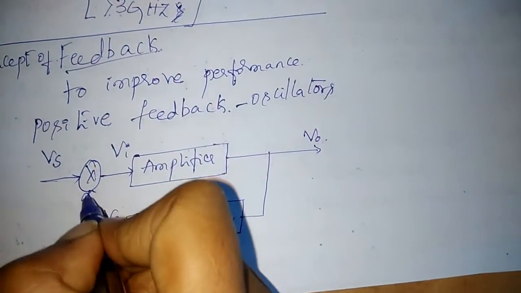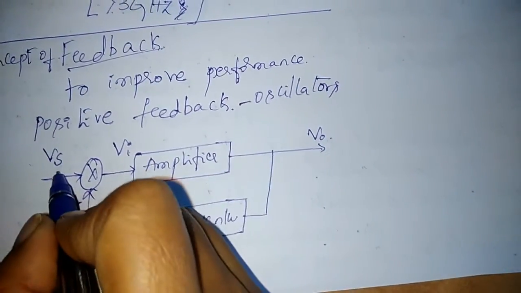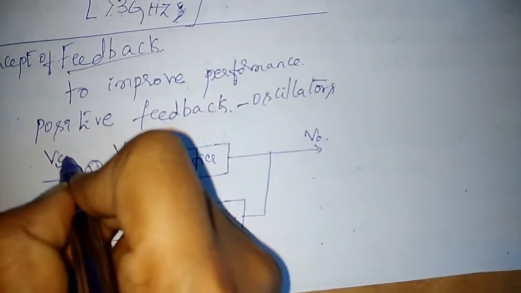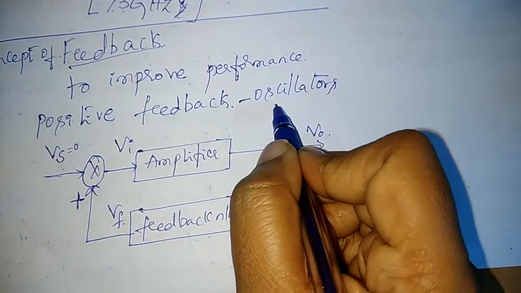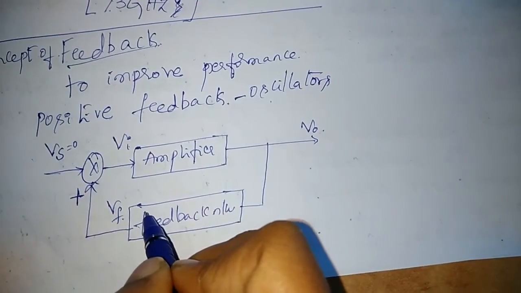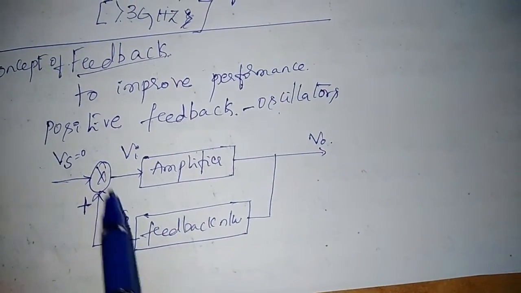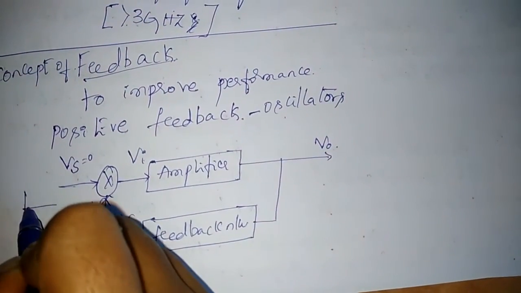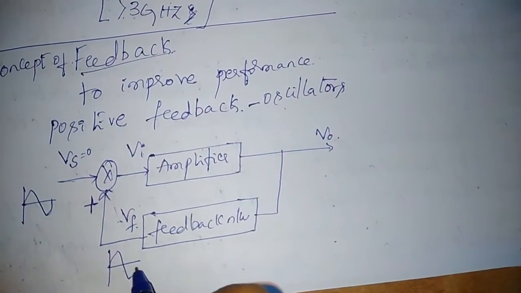Here it will be a sum: your Vi will be equal to Vs plus Vf, wherein we are making Vs equal to zero in the case of the oscillators. One more definition you can say is that this feedback signal will be in phase with your source signal. So the phase of this feedback signal also will be the same.